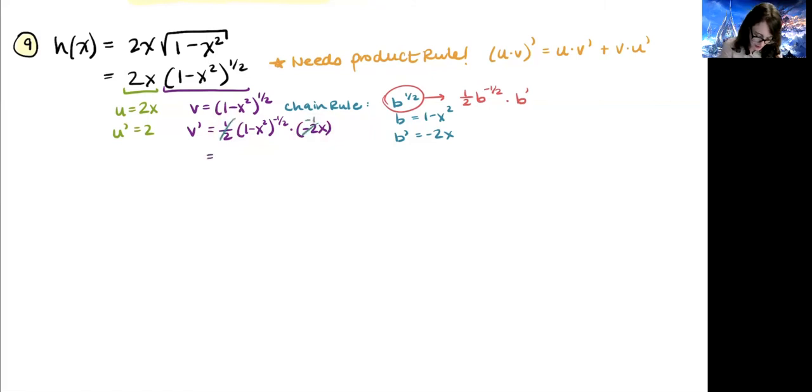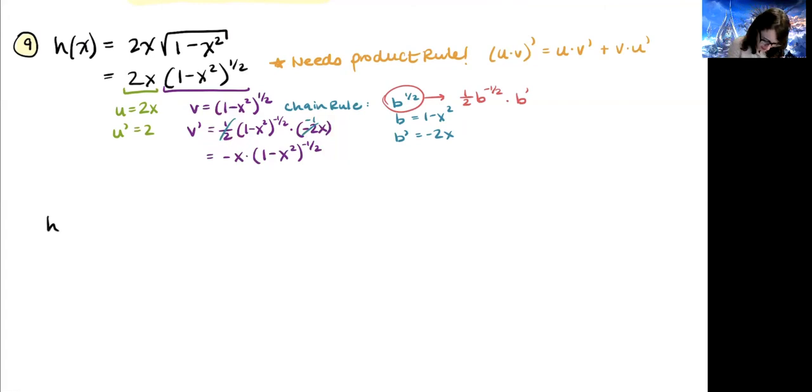And so this can be rewritten as, I'm going to bring the negative x in the front, and then we've got 1 minus x squared to the negative 1/2. Now, we would like to eventually write this as a fraction without a negative power, but I would recommend that you do that in the very end, and you'll see why when we put this together into the product rule.